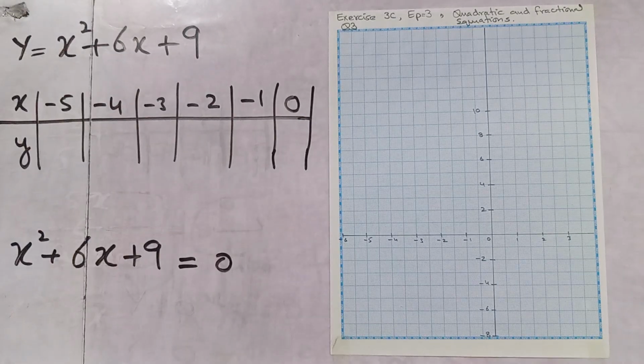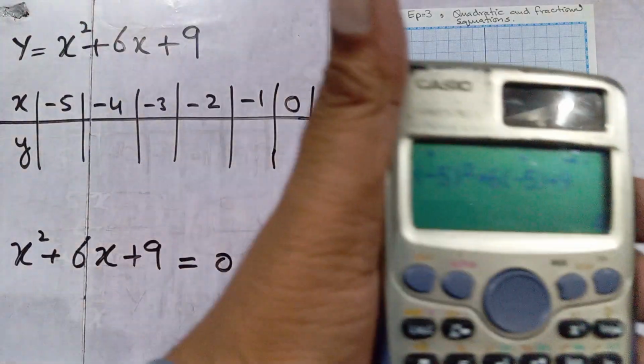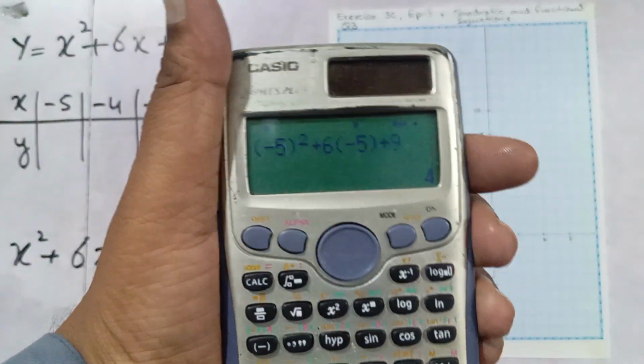First of all, we have to complete this table with the help of our calculator, for x squared plus 6x plus 9. I enter bracket -5 bracket close squared plus 6 bracket -5 bracket close plus 9 equals, and the answer is 4.